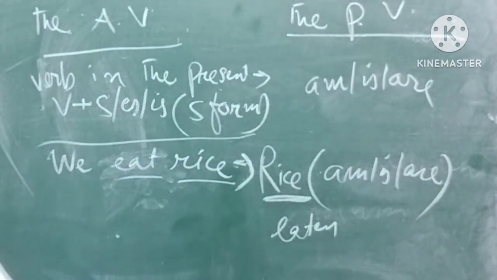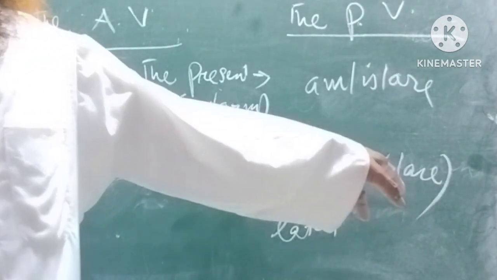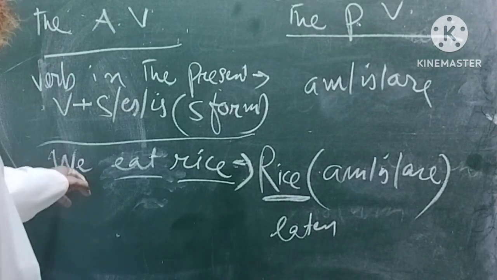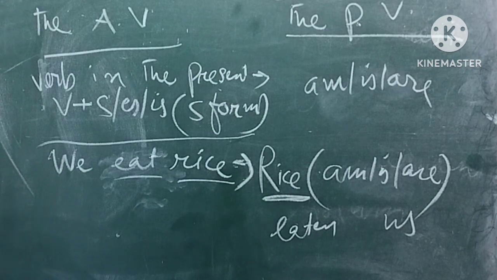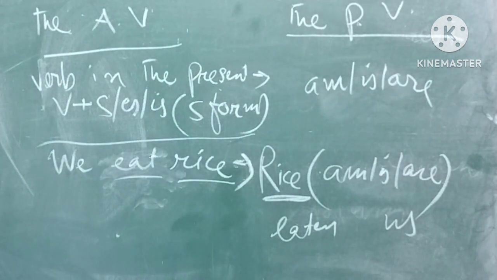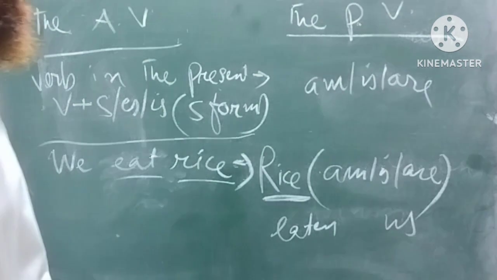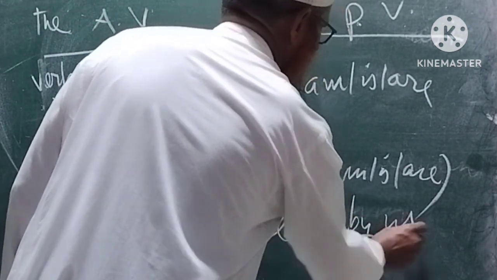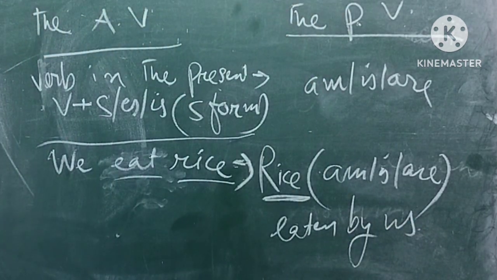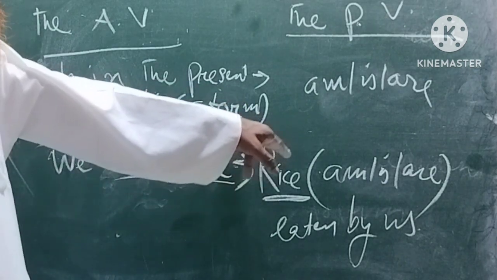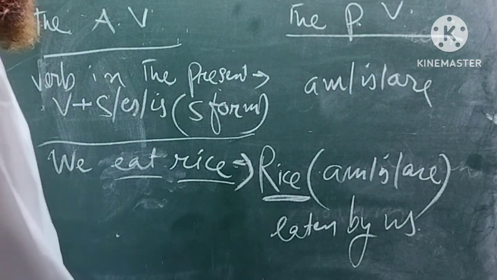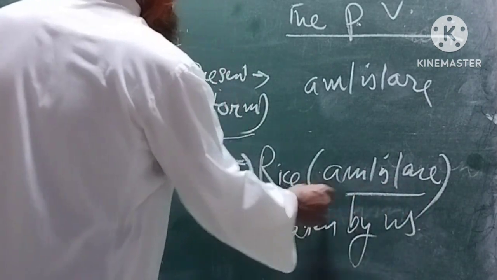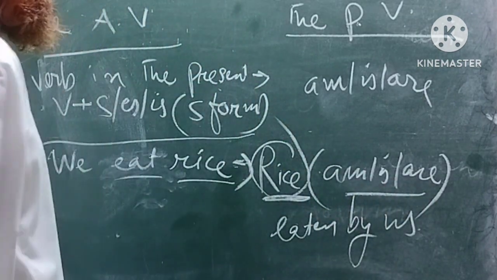Now the subject of the active voice will become the object of the passive voice, we becomes us. And before the object, the preposition by comes: by us. Now we should select one of the three verbs according to the subject of the passive voice.